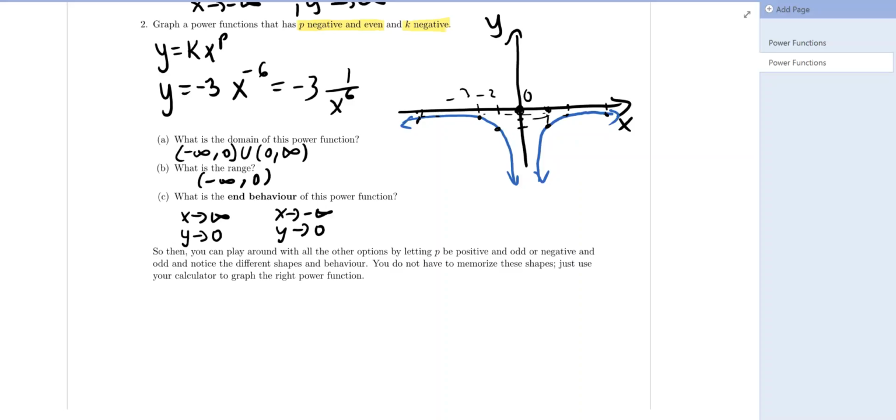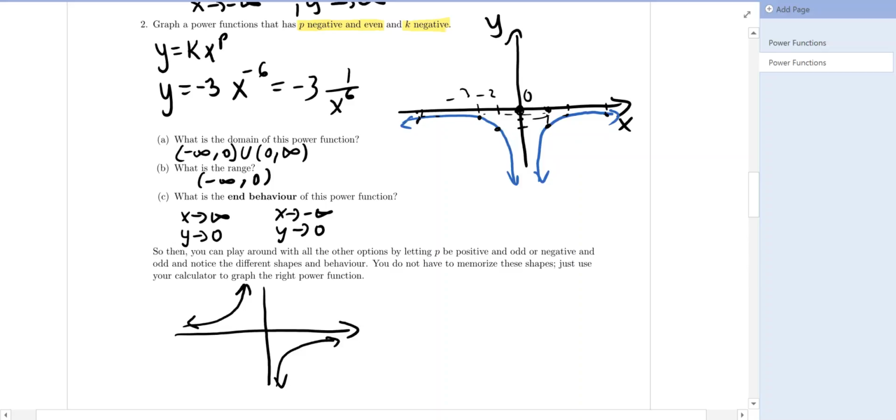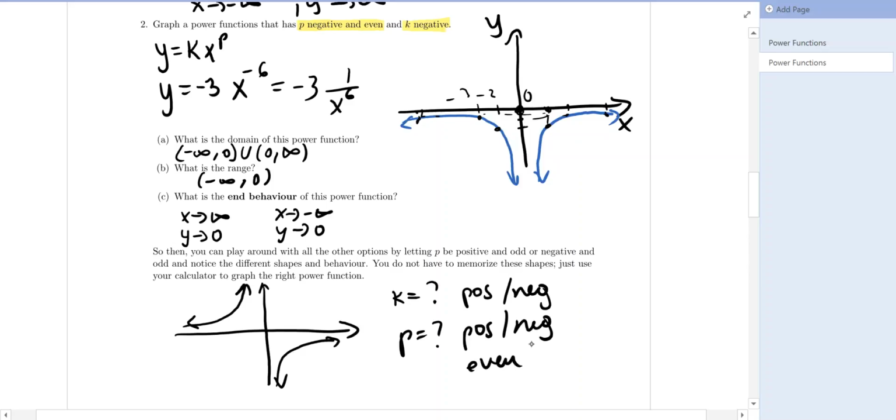And for example, if you are given a graph and asked what is the value of k, is it positive or negative, and p, is it positive or negative, or even or odd, basically, you can play around with these values and see for which values the graph looks like that.